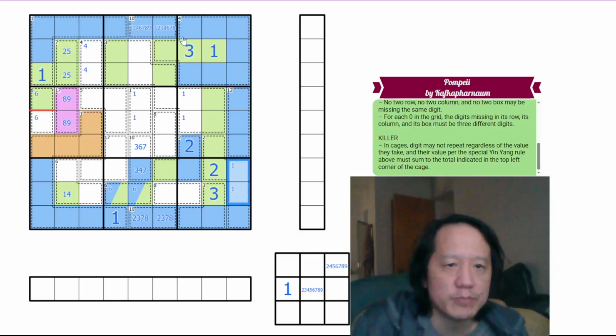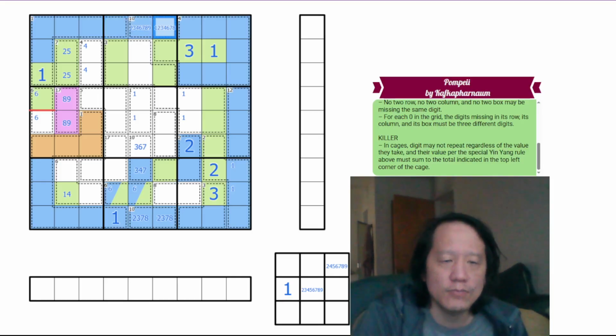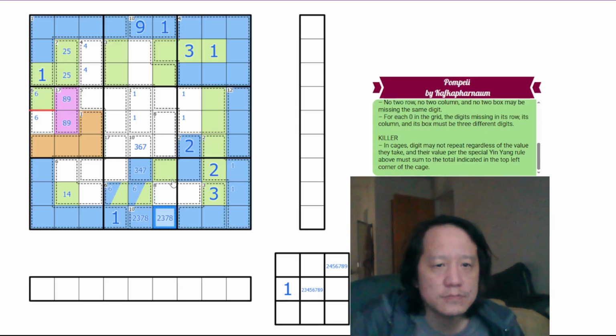It would have to appear in box 2, so this would have to be a 1-9 pair. So this would be 1-9. Two cannot appear here.